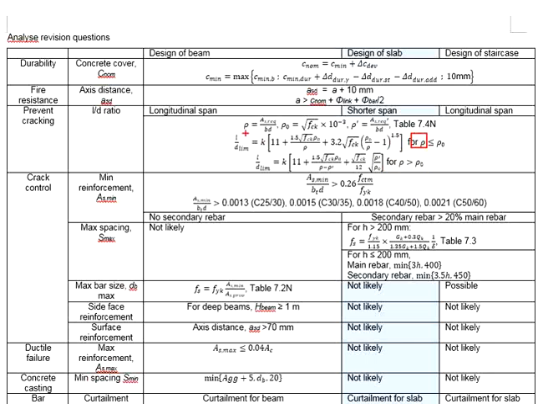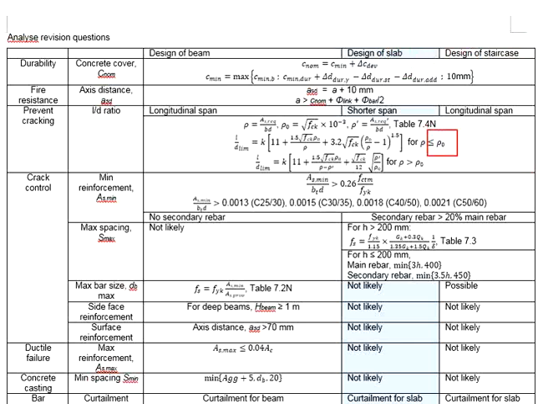The rho represents the percentage of the reinforcement bar required over the effective cross-sectional area, where the effective cross-sectional area is defined by the BD on basis of the effective depth of the beam instead of the actual height of the beam. Same principles go to the slab and the staircase.